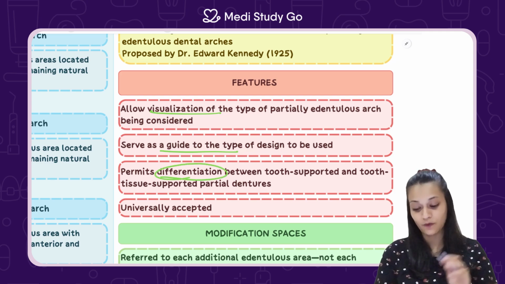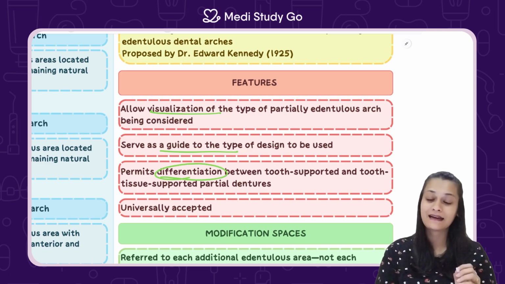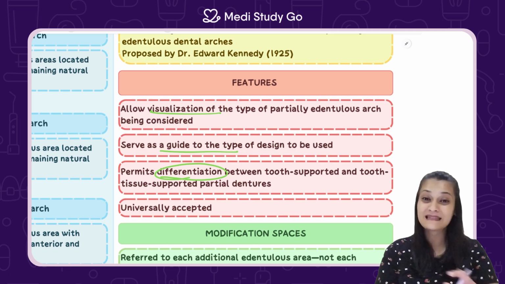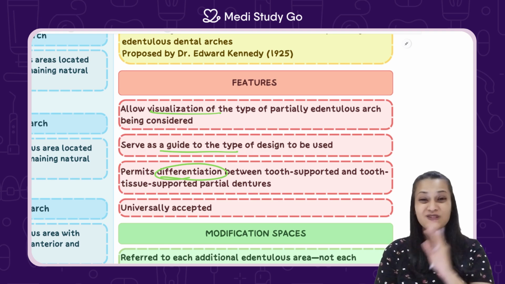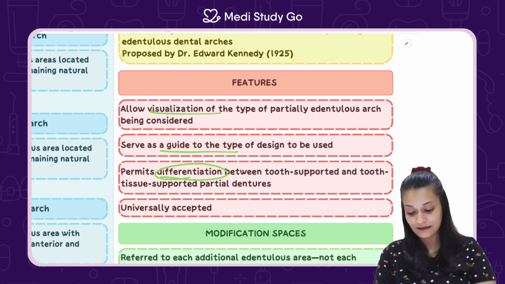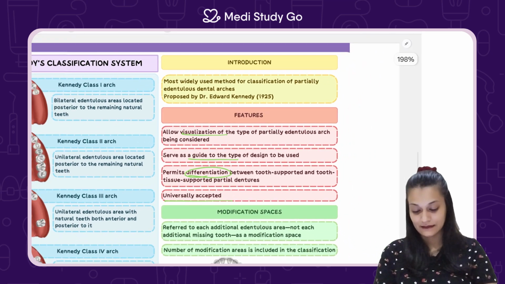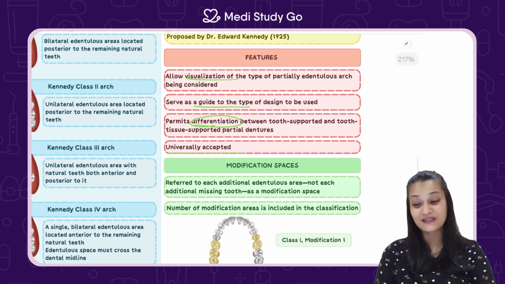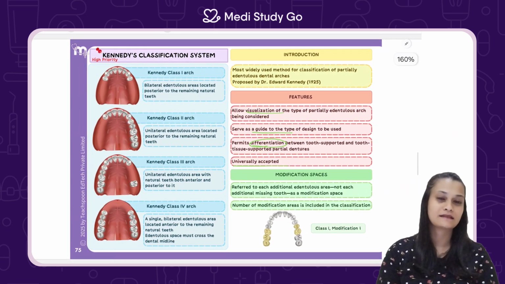So differentiation was made easy, and at the same time, it had to be accepted by everyone. When somebody sitting in the US says Kennedy's class 2, it is going to be the same for somebody sitting in India. It's not going to differ. So that is a universal thing that was accepted. So what was the modification? Before that, let's just dive into the 4 basic types.